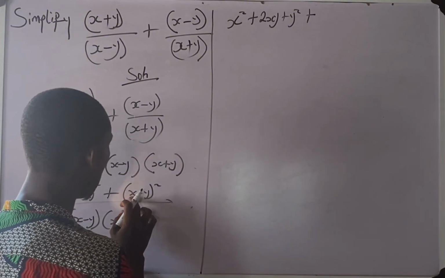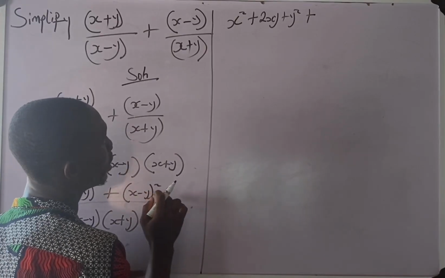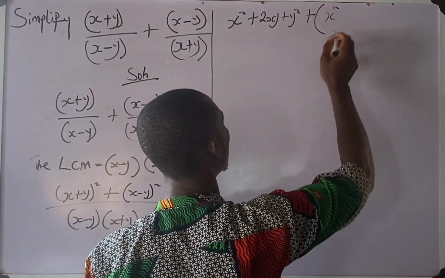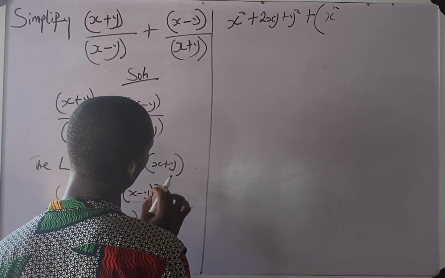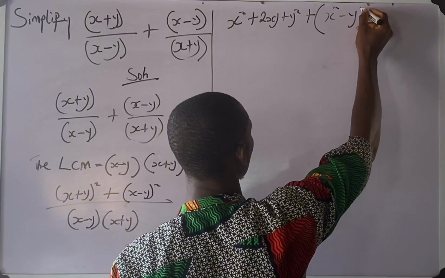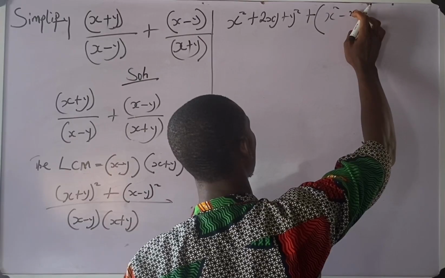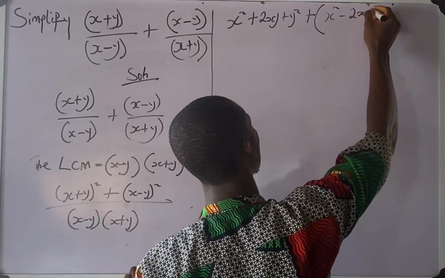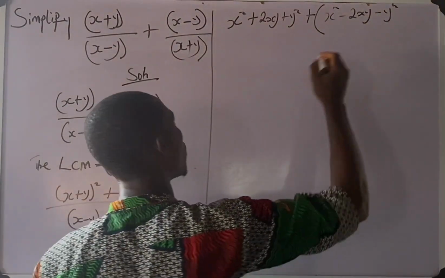Now I have (x - y) squared. So we will be left with x times x, which gives x squared. x times minus y gives minus xy. Minus y times x gives minus xy. It is the same thing as minus 2xy, and then plus y squared, sorry.